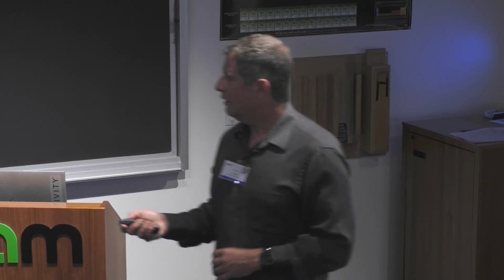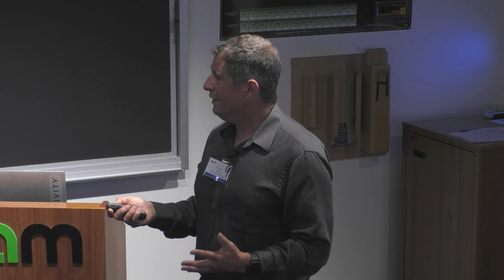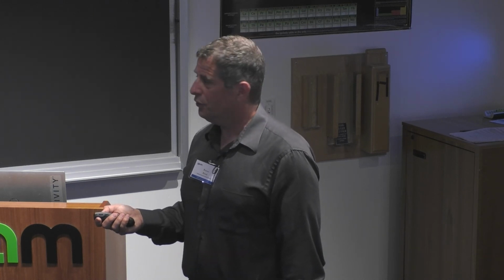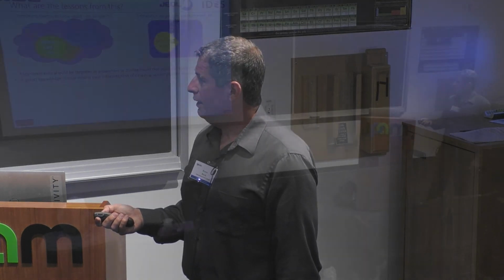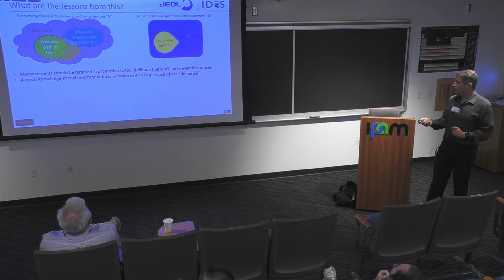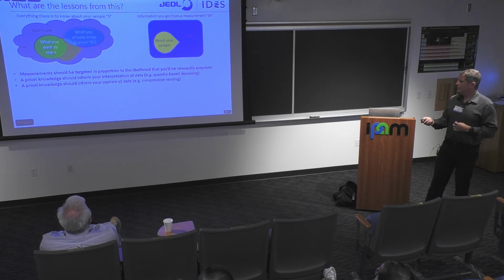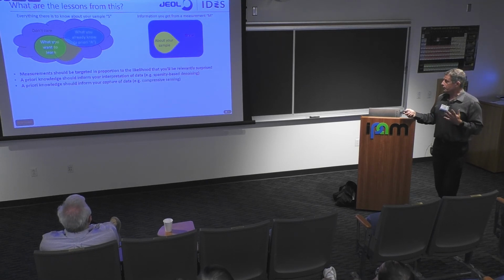Even a very simple one, just total variation denoising, works surprisingly well, and is really pretty blind. It works over a huge range of images. So that should inform your interpretation of data. If you want to make the most use of the information per electron, you should be using this at least a bit.